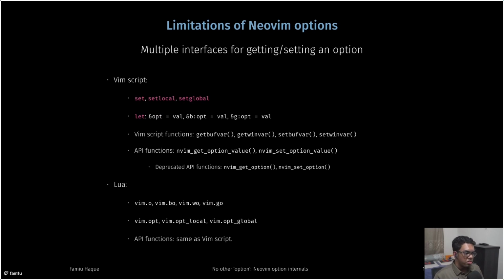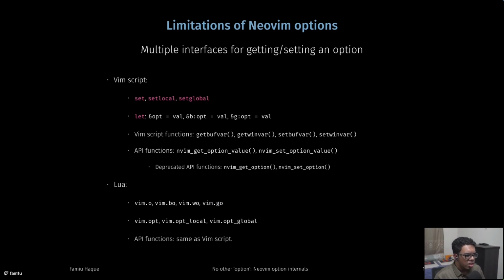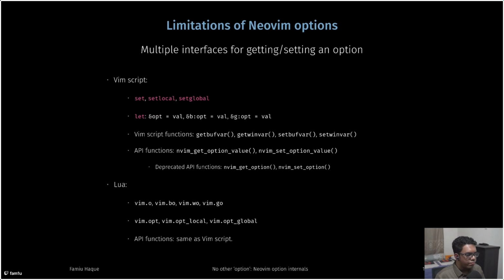You can also do it using let. So let &opt = val sets, once again like set, the global and local value. let &l:opt sets the local value, and let &g:opt sets the global value.